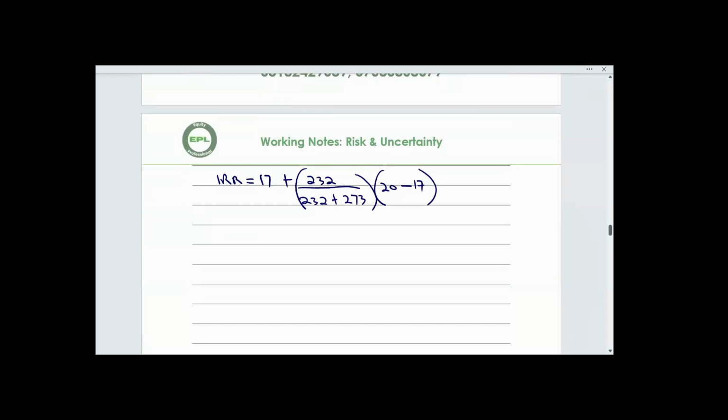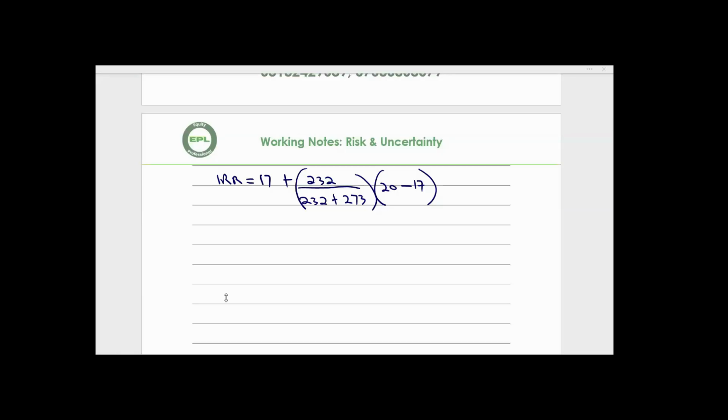So 232 divided by, that should be, is it 505? I think so. Divided by 505. Then multiply by the difference between 20 and 17, that's 3.